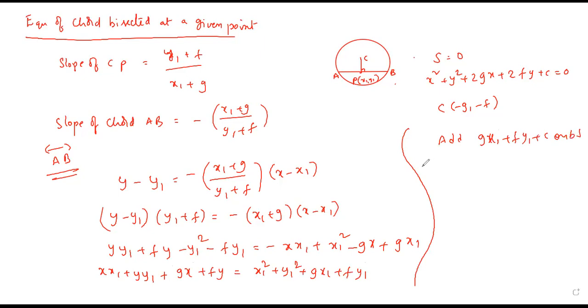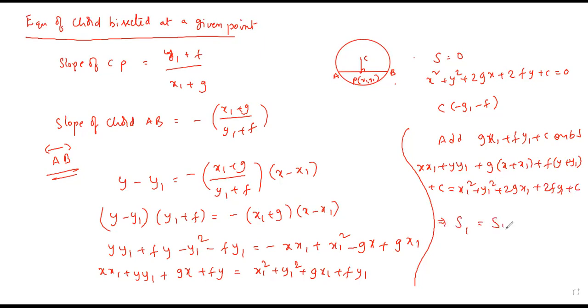So that the left side is xx1 plus yy1 plus gx plus gx1, which is g into (x plus x1) plus f into (y plus y1) plus c, equals the right side, x1 square plus y1 square plus 2gx1 plus 2fy1 plus c. The left side is nothing but S1.